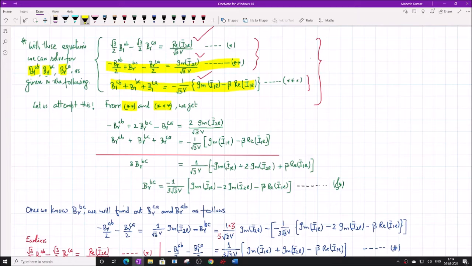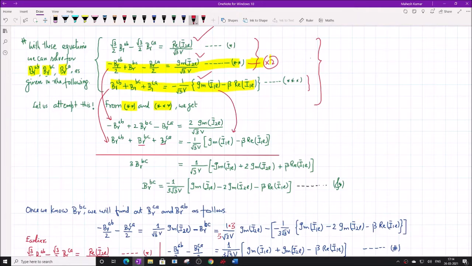If we multiply this by 2, it becomes minus B gamma AB plus 2 B gamma BC minus B gamma CA equal to 2 into imaginary of I2L divided by root 3B, and this equation is as such: B gamma AB plus B gamma BC plus B gamma CA equal to minus 1 by root 3B imaginary of I1L minus beta into real of I1L.